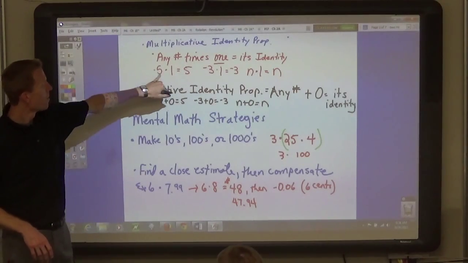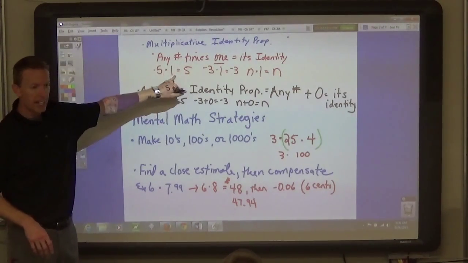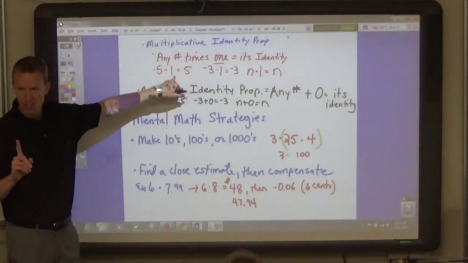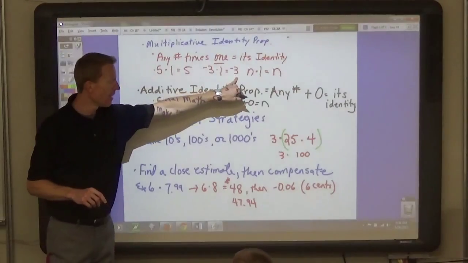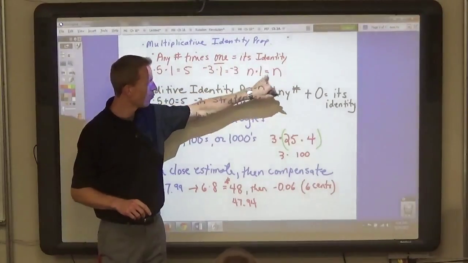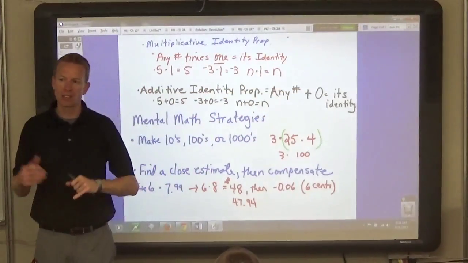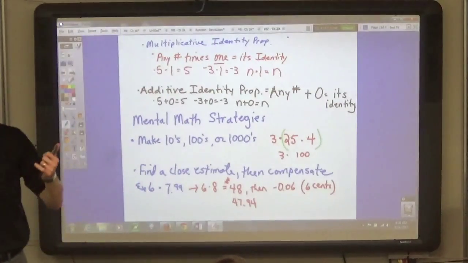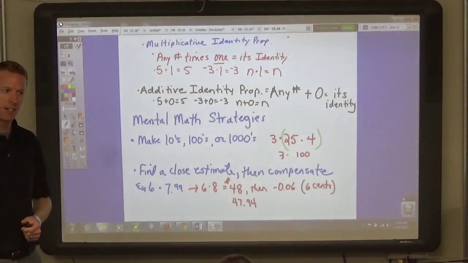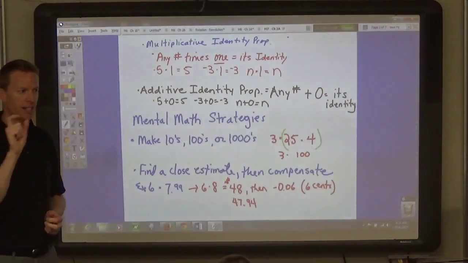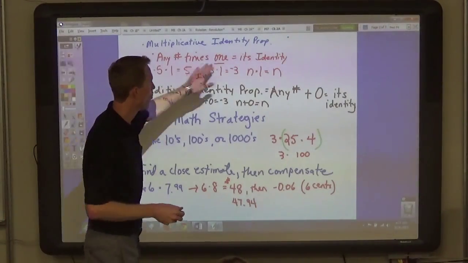In other words, if you multiply any number times 1, you get the number you're starting with. 5 times 1 is 5. Negative 3 times 1 is negative 3. N times 1 is n. Any number times 1 is the same number you started with. So it identifies the number by multiplying it by 1.